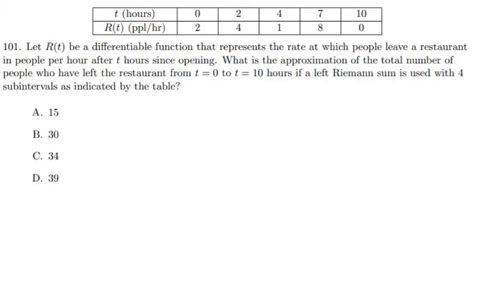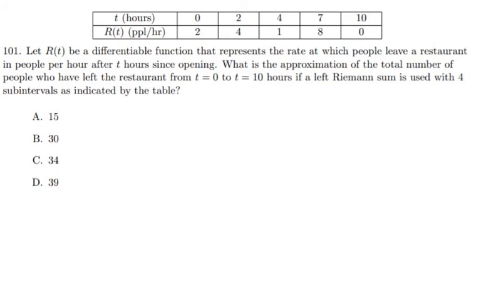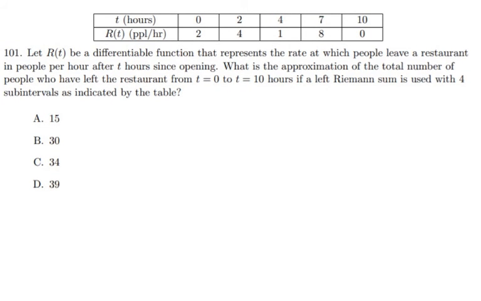You could also use the table alone without the graph. You could look at the intervals this way. Your x-axis is increasing by 2 and your height is 2, so you would get 4. Then your x-axis is increasing by 2 and the height is 4 on the left side, so that would give you 8.